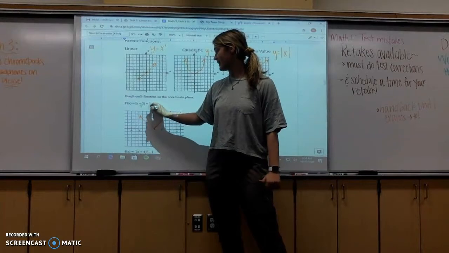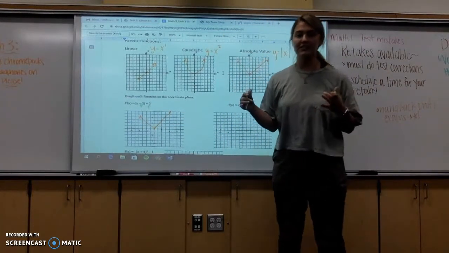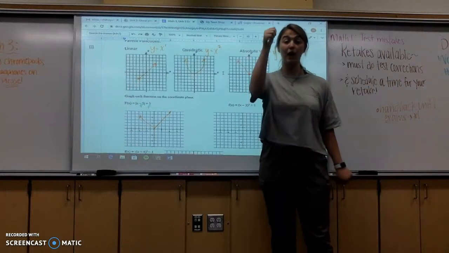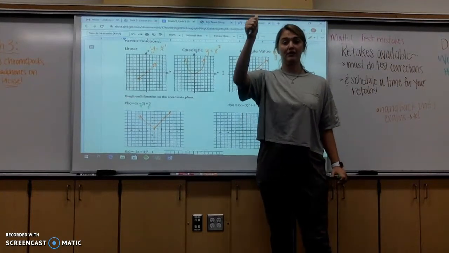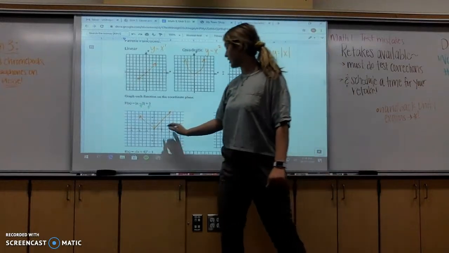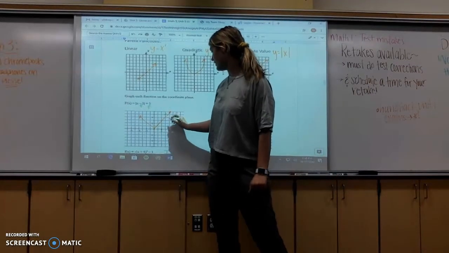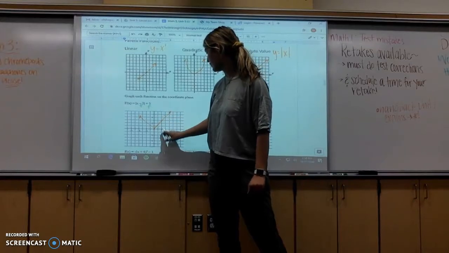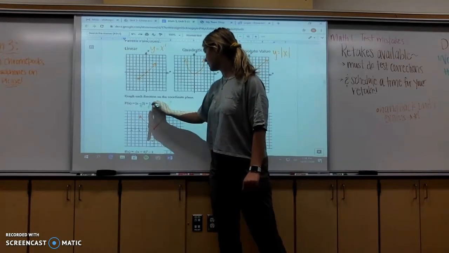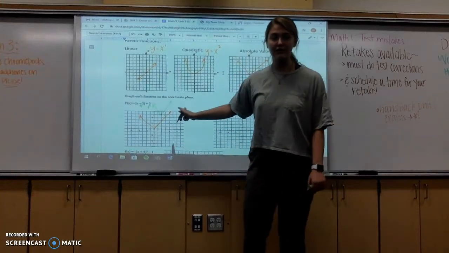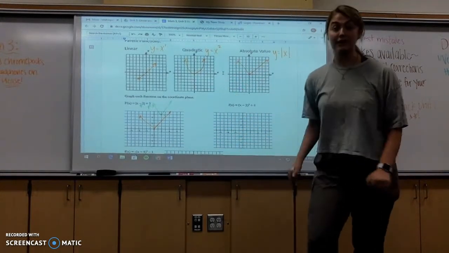What this does right here, the positive 5 on the outside, anything on the outside of my parentheses that's being added or subtracted is moving up or down. Because it's a positive 5, we're going to move it up. We're going to make it higher. So it's going to go 1, 2, 3, 4, 5. My new graph is here, up, and up. So my green graph that you can see is my new graph for my absolute value.